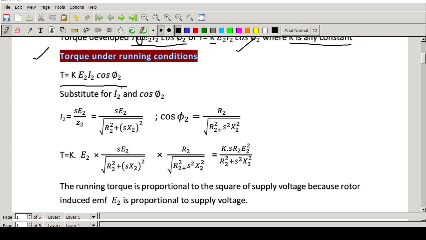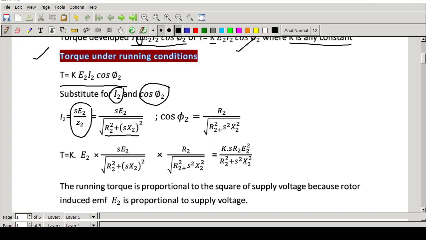Now, we know the expression for the current I2 in the rotor conductor as well as cos phi 2, from when we drew the equivalent circuit of a three-phase induction motor. So, what is current I2? Current I2 is given by S into E2 by Z2, that is, induced EMF by impedance. And what is Z2? Z2 is the square root of R2 squared plus (S X2) the whole squared.